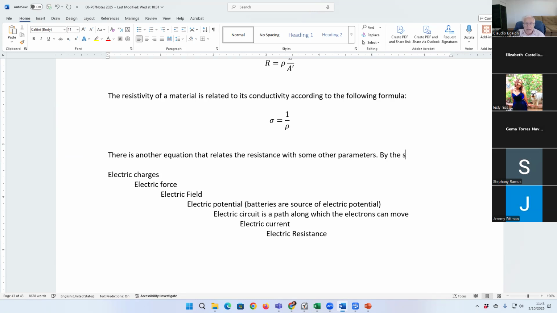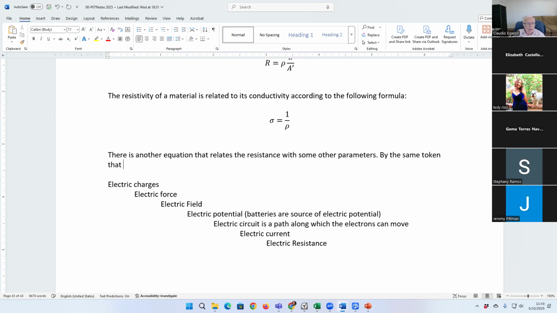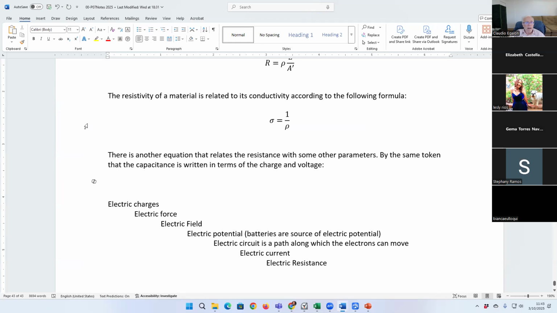Remember, I'm going to make a parallel here with how the capacitance is written in terms of the charge and voltage, do you remember that? Here you go. The capacitance, right?